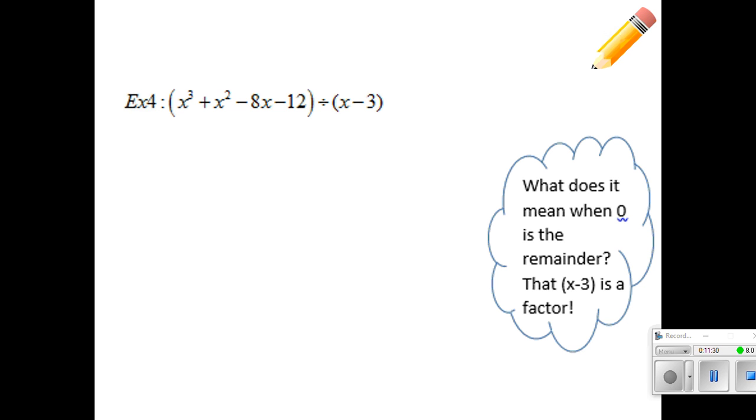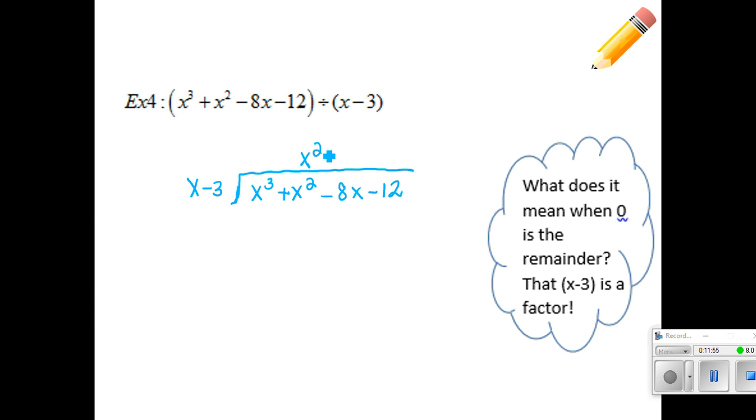Okay, last one. Let's take x minus 3 and divide it into x cubed plus x squared minus 8x minus 12. I'm not missing any terms, so I don't need any placeholders. So now I'm just going to go ahead and divide. What times x will give me x cubed?